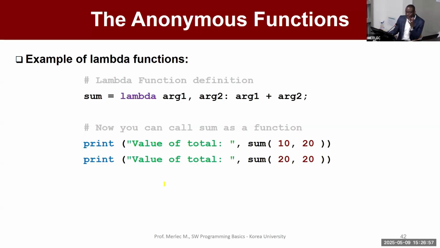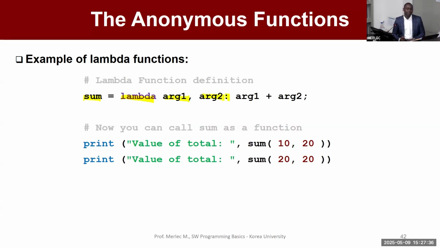I will try to make sense of the concept of lambda with an example. Let's say we have a function we would like to define within one line that has to provide the sum of two arguments. So we have here the variable that will take the result of the lambda function, and then we use the keyword lambda with the list of arguments that are sent, argument 1 and argument 2.